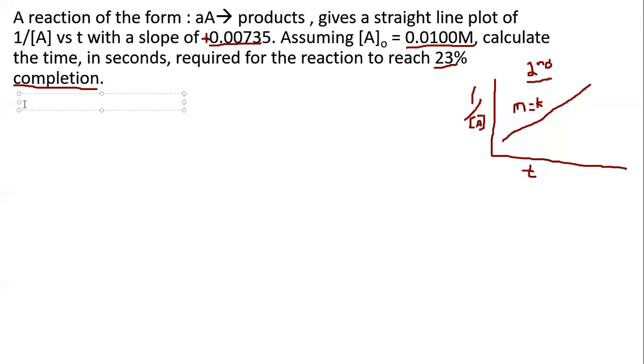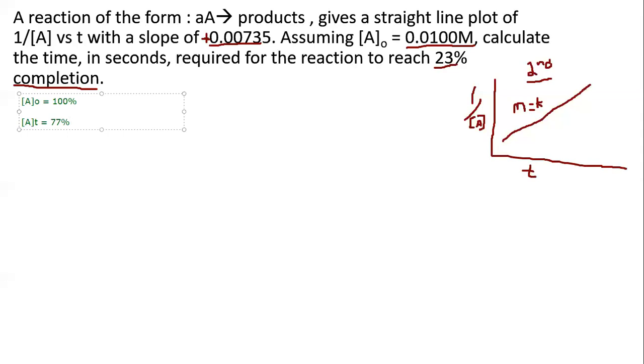So at A naught, let's say we have 100%, and at time T we want to know how long it takes for 23% completion, which means we have 77% of the reactants left.